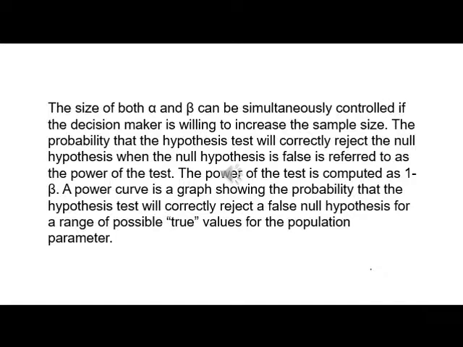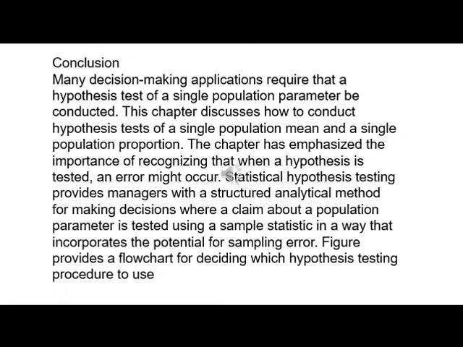Conclusion. Many decision-making applications require that a hypothesis test of a single population parameter be conducted. This chapter discusses how to conduct hypothesis tests of a single population mean and a single population proportion. The chapter has emphasized the importance of recognizing that when a hypothesis is tested, an error might occur.